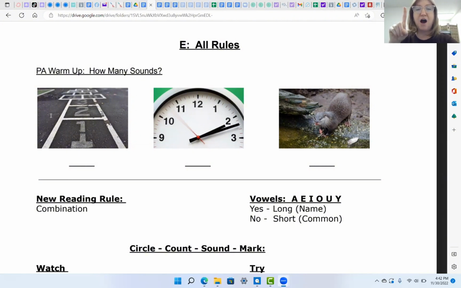Otter has o, t, er, 3 sounds. Those 2 T's, of course, make 1 sound. ER is a grapheme, actually. ER makes 1 sound. So there's 3 sounds in otter. Well done, everyone. Wow. Lots of A pluses on this today.